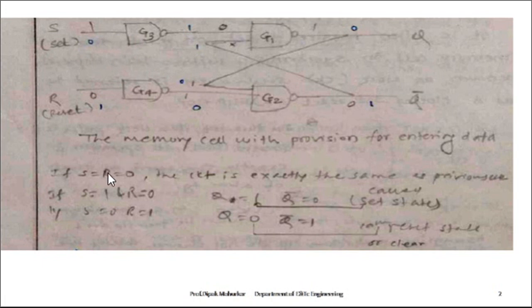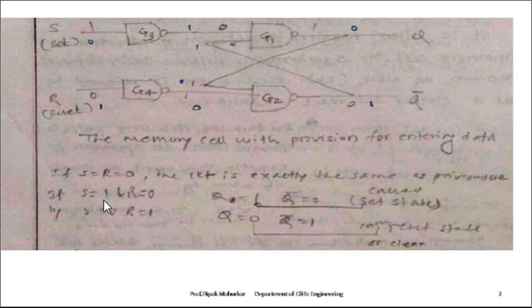If you observe, if S equal to 0, R equal to 0, both 0, then due to these NAND gates the outputs of G3 and G4 are both 1. If one of the inputs of a NAND gate is 1, the output depends upon the other input. That means if you remove this circuit, it acts as your previous circuit, the 1-bit memory cell. So if S equal to 0 and R equal to 0, the circuit is exactly the same as the previous circuit.